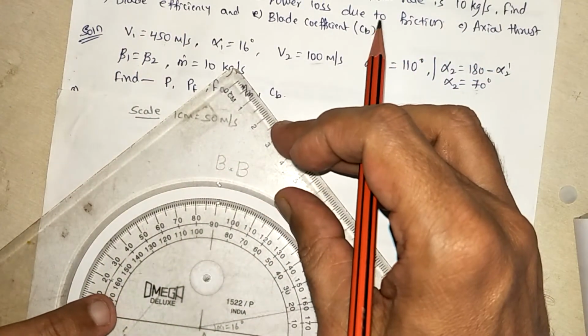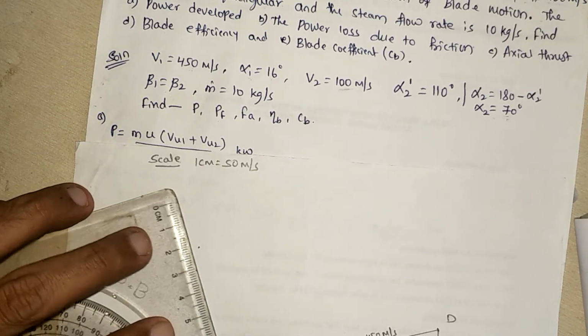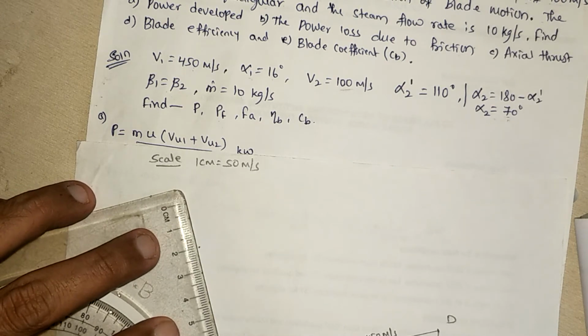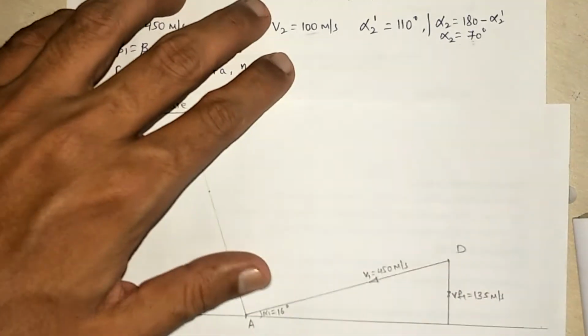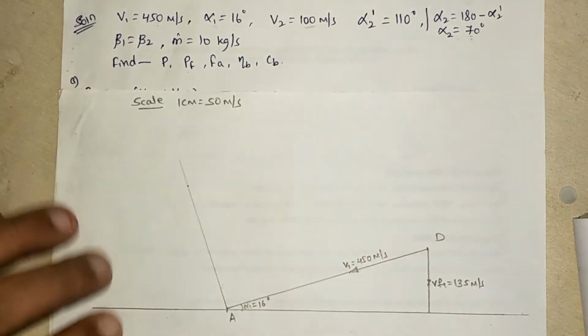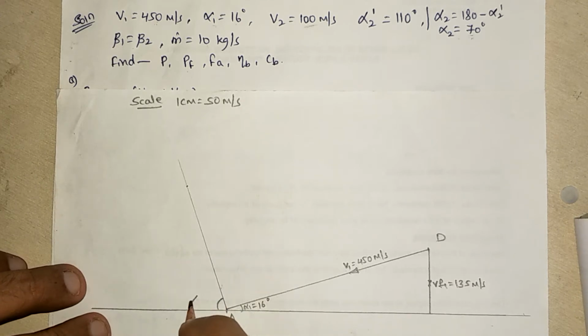I am going to draw the line of sufficient length. So this is angle alpha 2, equal to 70 degrees.